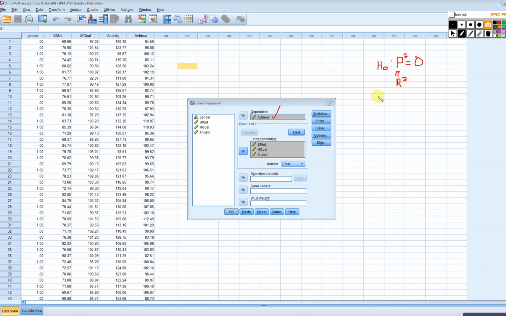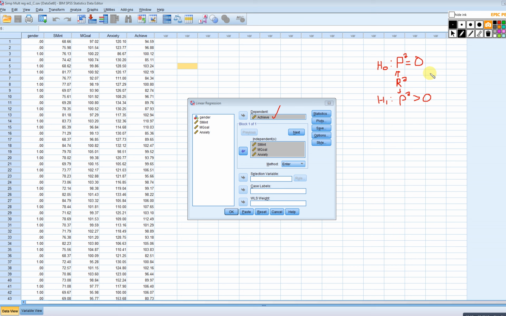The alternative hypothesis is that rho squared, which again is being estimated by R square from our sample data, is greater than 0, meaning that the set of predictors explain significantly more variation than 0 percent of variation.